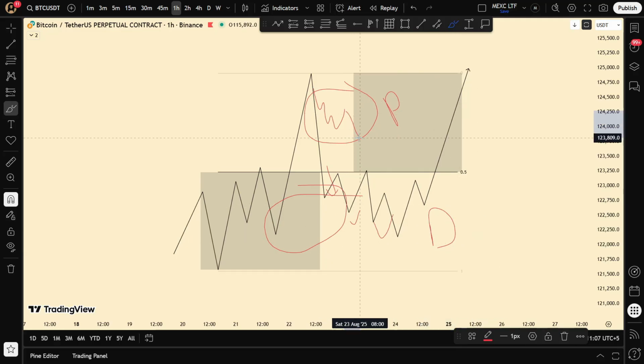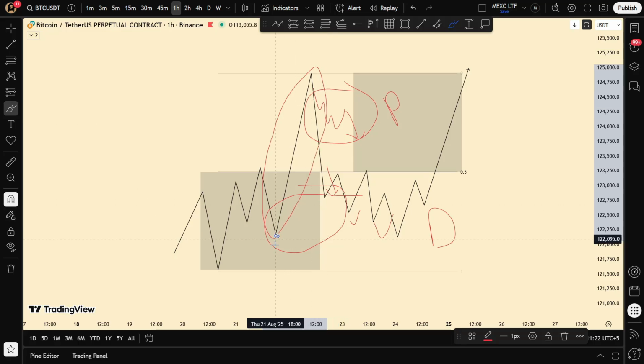So if you want to sell, sell above here, and if you want to buy, buy below the 0.5. Why? Because in this example, we have pumped a lot. So it doesn't really make sense to buy up here and pray for continuation higher. Where would you place your stop loss? Below this level, because that is the most logical point.